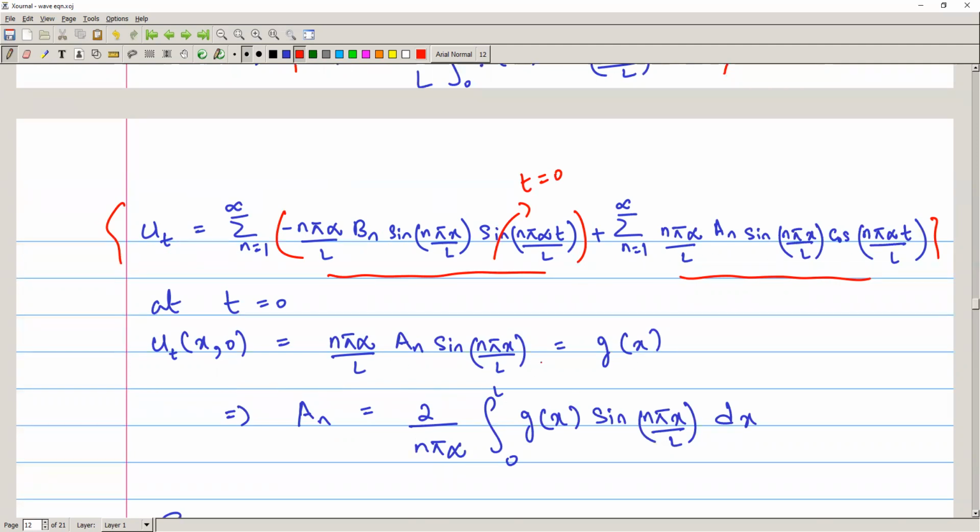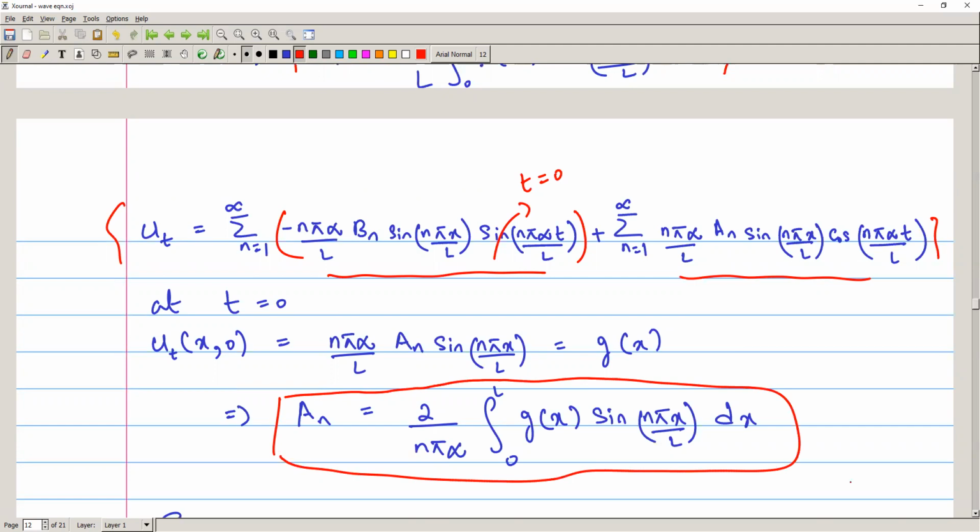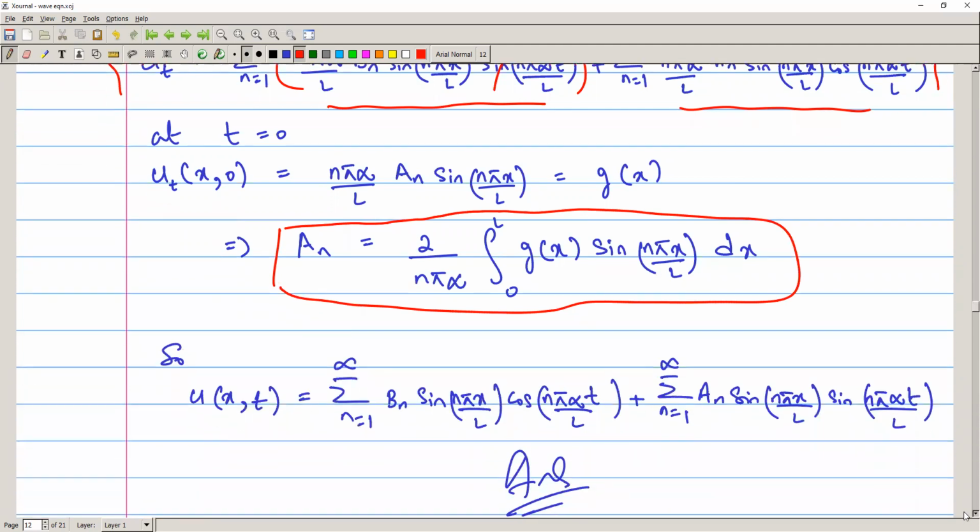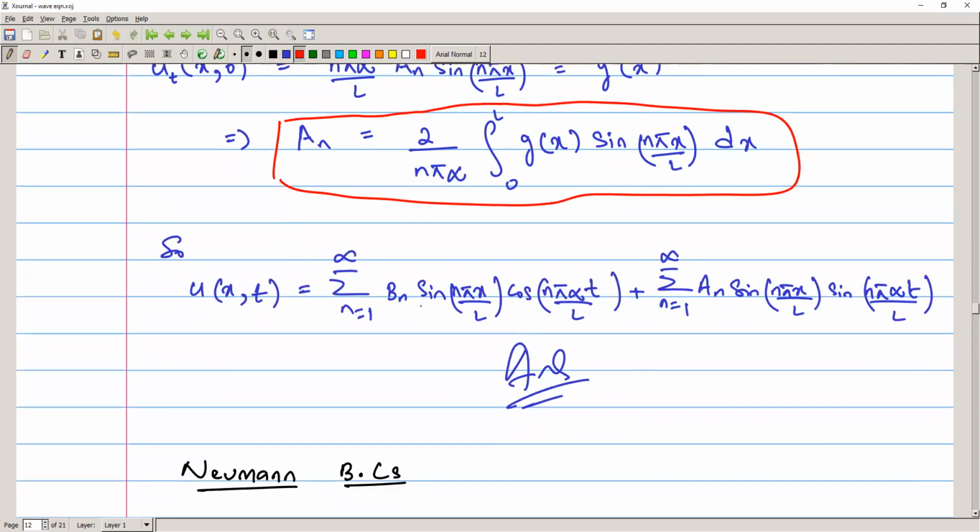We will equate it with g of x, then we can find an by integration as we did in the Fourier series, right? Now we can construct the general solution, and we just have to plug in bn and an if the functions for the initial conditions are given, right? So this is the way to construct the solution for Dirichlet boundary conditions for the homogeneous wave equation.